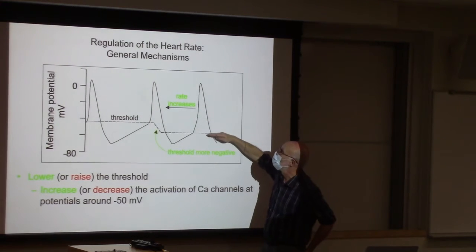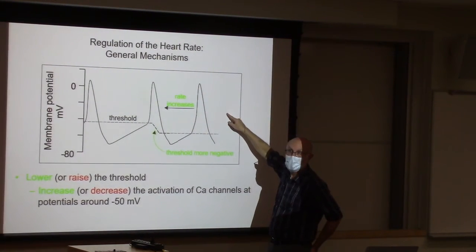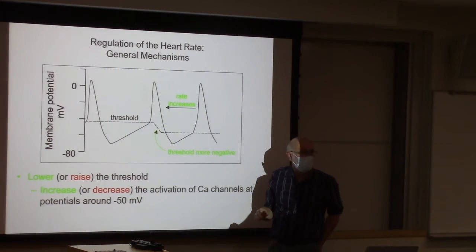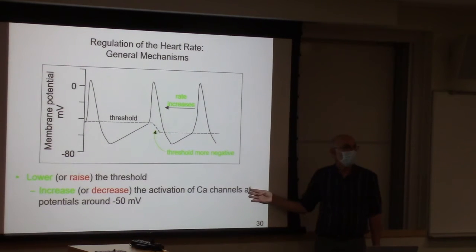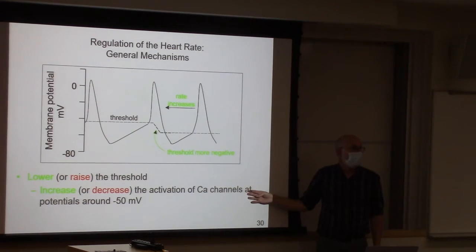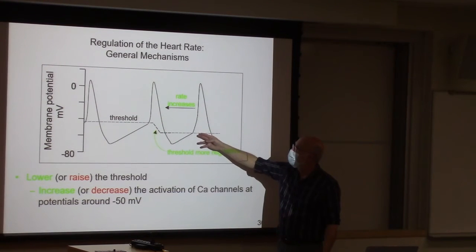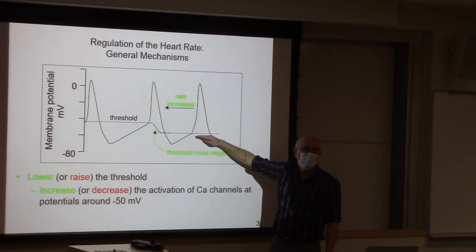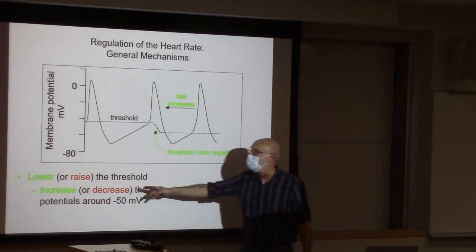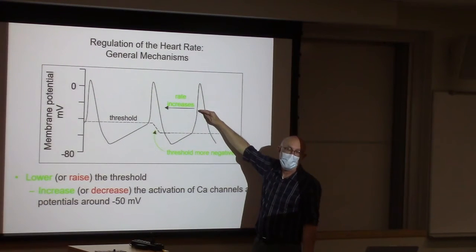If the threshold was raised, it would take longer to get to it and it would be slower. What controls threshold? Calcium channels. If we increase the activation of calcium channels, it's equivalent to making threshold more negative. And if we decrease the activity of calcium channels, it causes threshold to be less negative or positive.